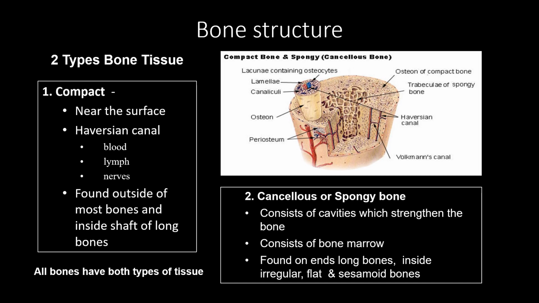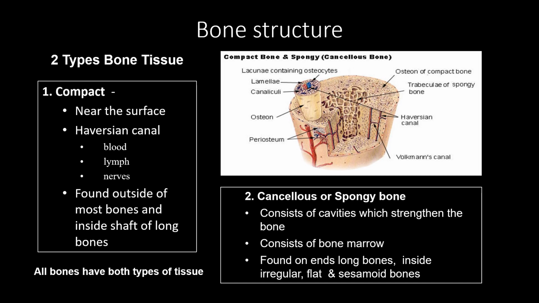So if you think of it as being compact and tightly woven together, these Haversian canals have almost been drilled through to allow space for the blood vessels, the lymph and the nerves, which are really delicate, to be able to travel to all the cells. Now the cancellous and spongy tissue is full of holes.